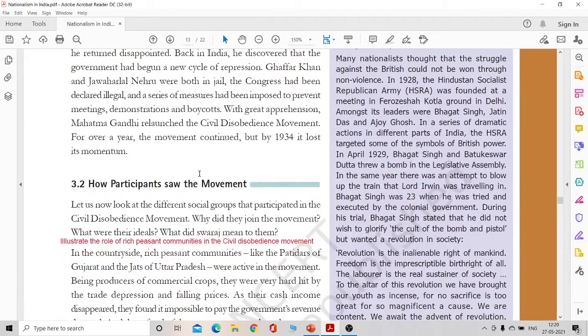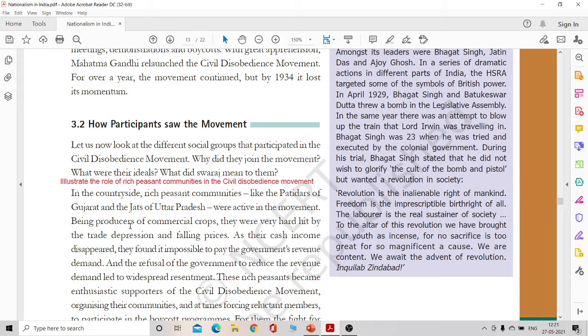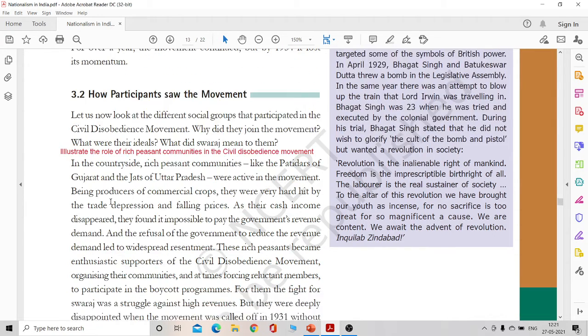Now moving further on, as far as participation of social groups in the civil disobedience movement is concerned, you will definitely write about the social groups who participated. The question can come as, illustrate the role of rich peasant communities in the civil disobedience movement.